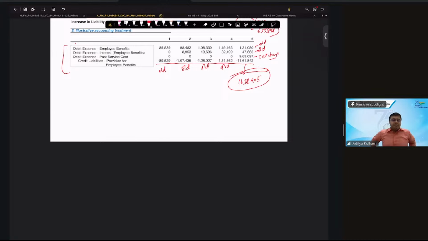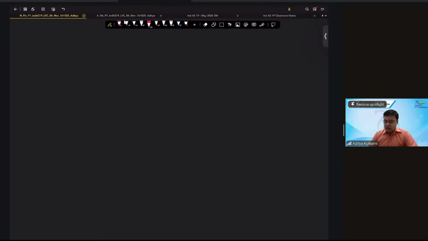A funded plan. Ind AS 19 does not mandate you to have a funded plan. Ind AS 19 tells if you have a non-funded plan, go on accruing the obligation. But if you have a funded plan, the accounting for that is mentioned separately. The accounting for that should happen as per the standard. So funded plan or unfunded plan.